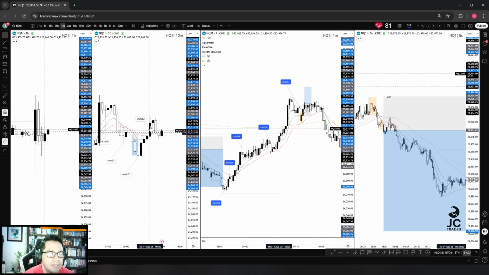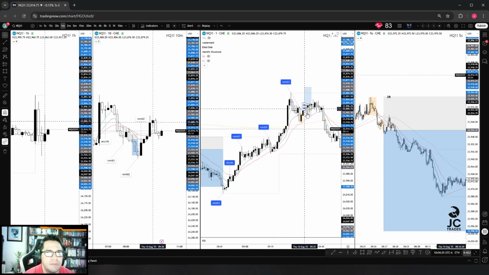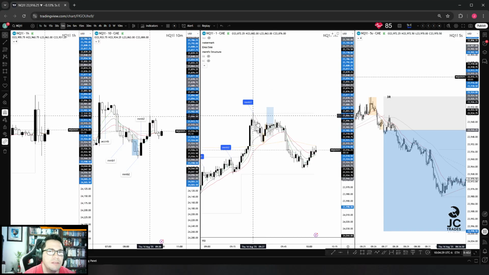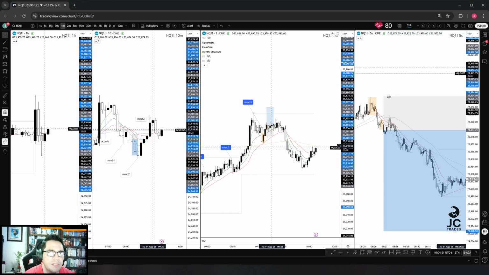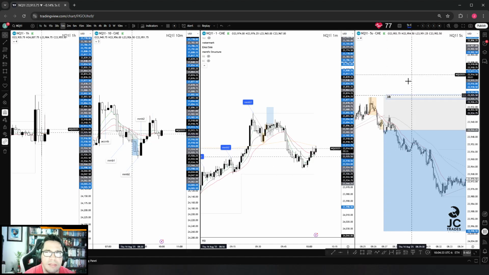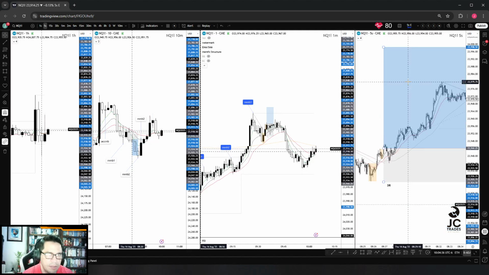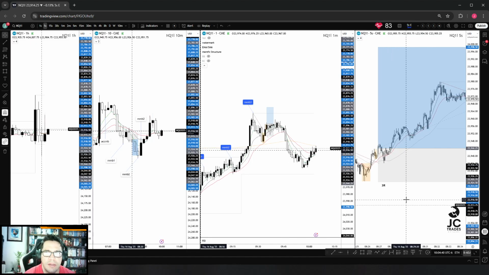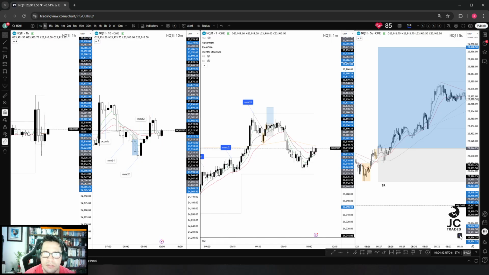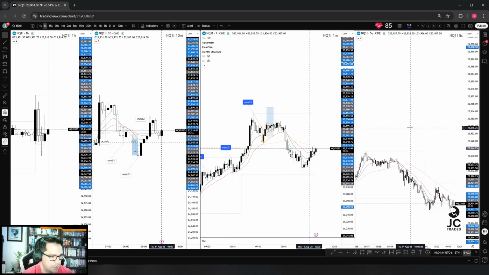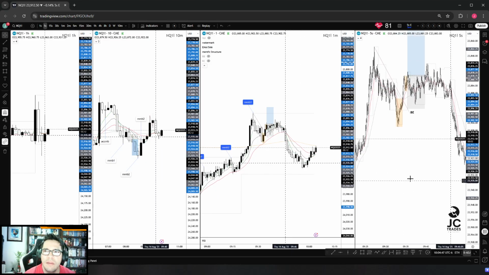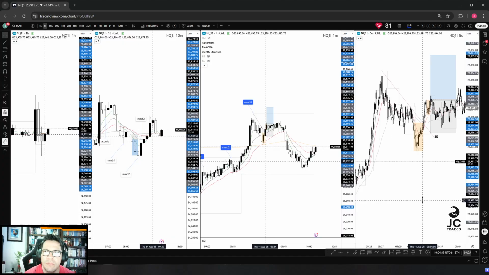But as soon as we had this strong move to the upside and this candle and the buildup of this MMB3, that's the time that we went in for looking into sells, and this ended up being this break-even trade, the one that we just discussed.